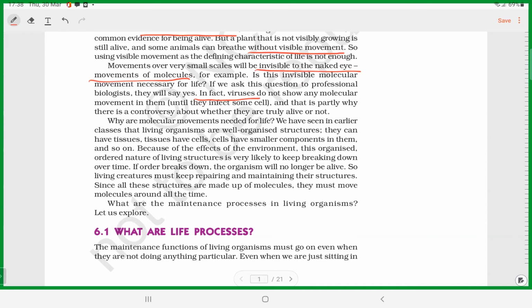Actually, they are non-living substances, but they show life characteristics once they enter into the host. We are the host for the viruses. If it enters into us, it shows all of the life properties.